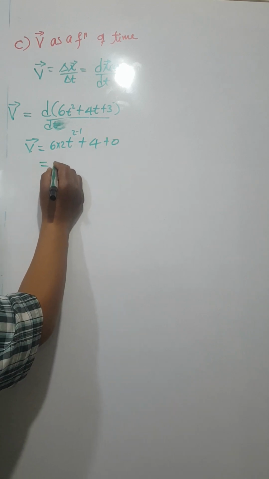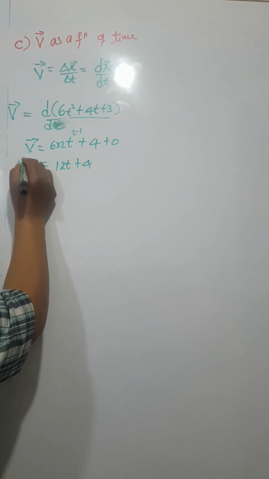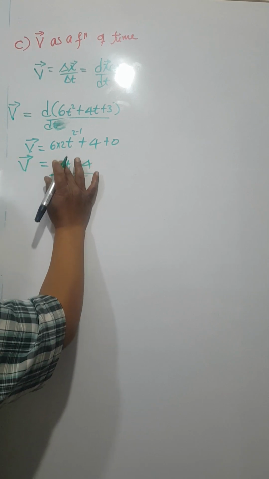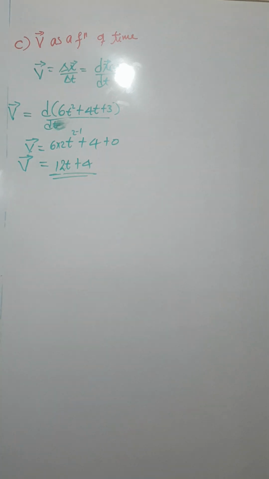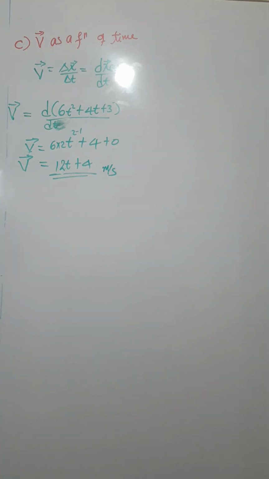So this is equal to 12t plus 4, which is v with respect to t. 12t plus 4 meter per second is v with respect to t.